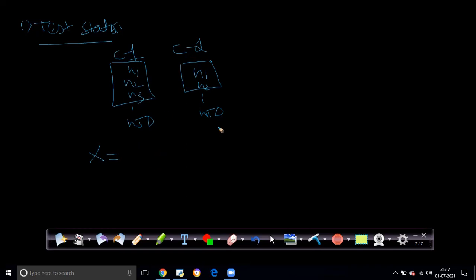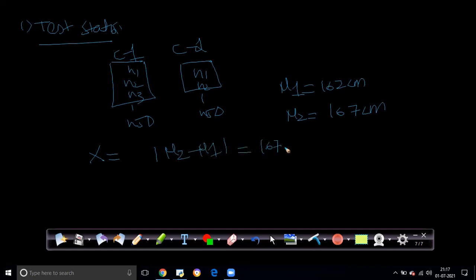Let's say mu1, the mean height of classroom 1, I got as 162 centimeters, and mu2, the mean of classroom 2, is 167 centimeters. So x is the random variable which is storing the value mu2 minus mu1. That is 167 minus 162, which is 5 centimeters.